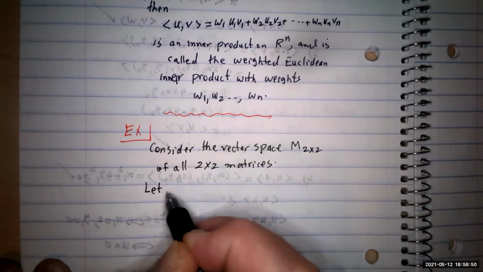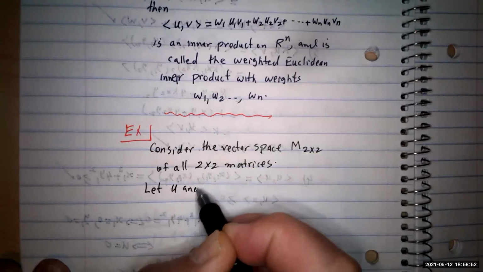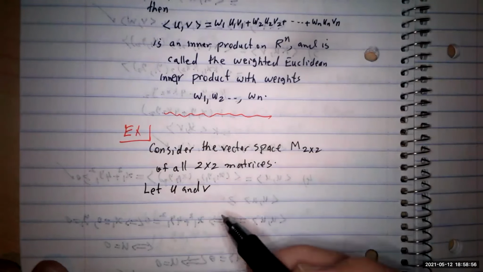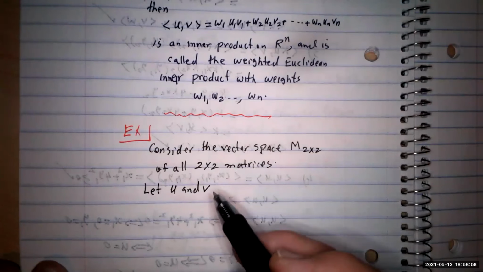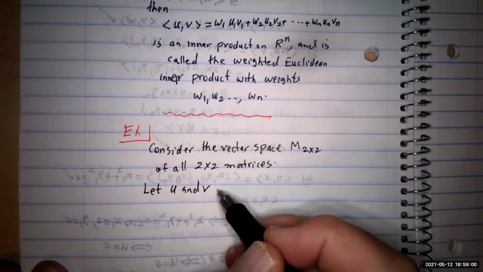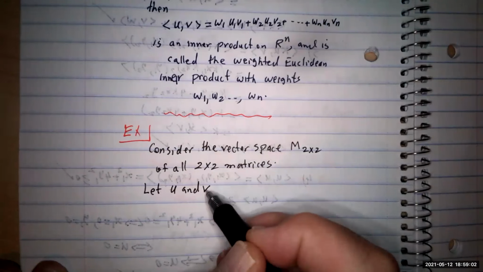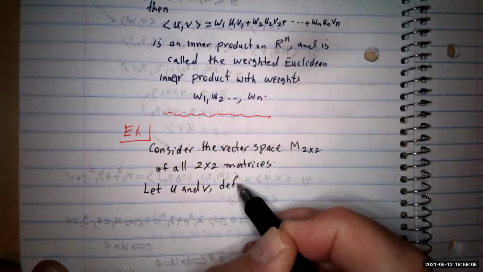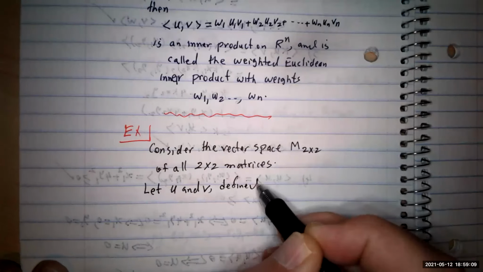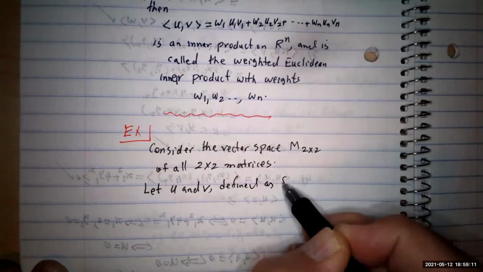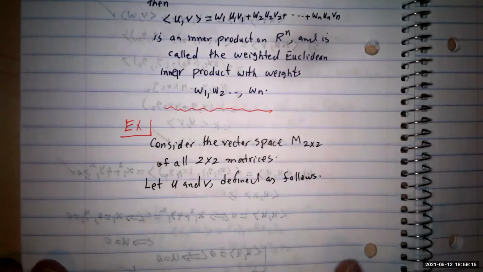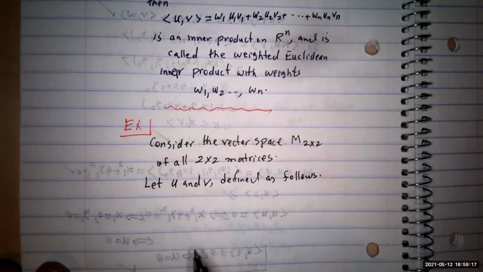Let U and V be defined as follows. They are going to be 2 by 2 matrices.